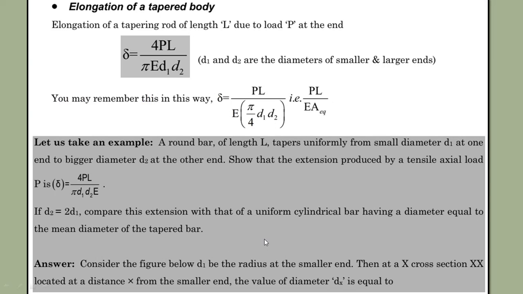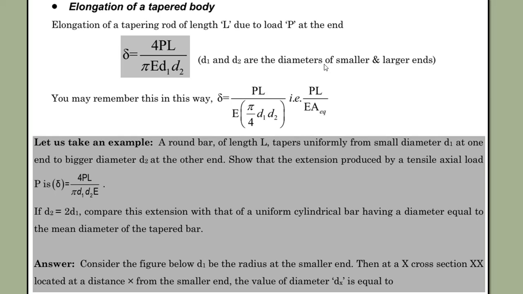Now elongation of tapered body. The formula for elongation of a tapering rod of length L due to load P at the end is delta equals 4PL divided by pi E D1 D2, where D1 and D2 are the diameters of the smaller and larger end of the tapering rod.